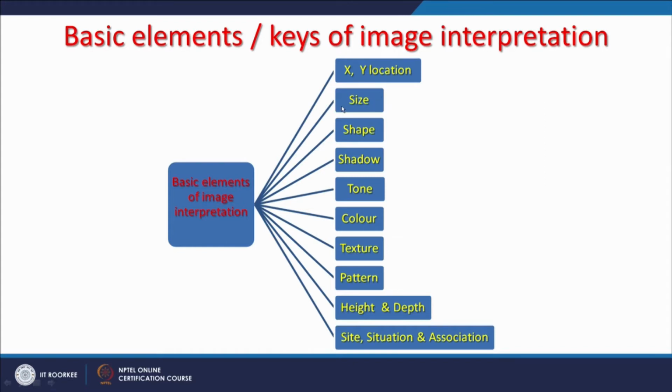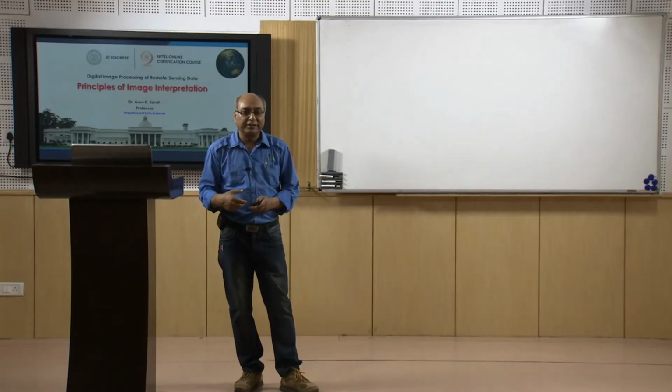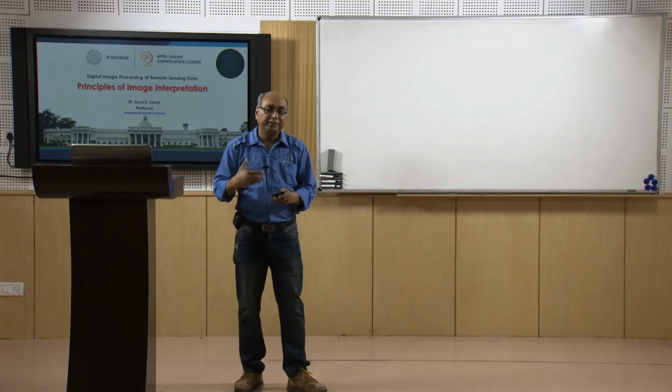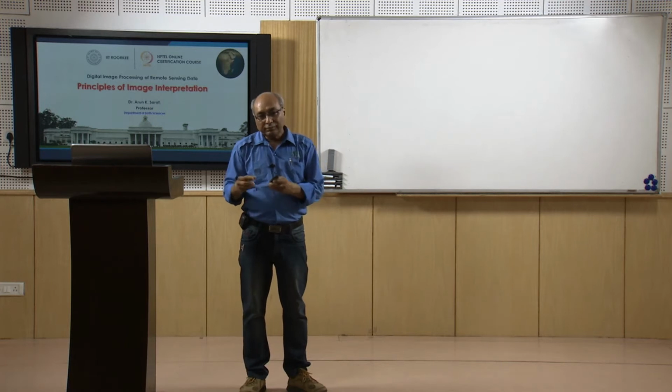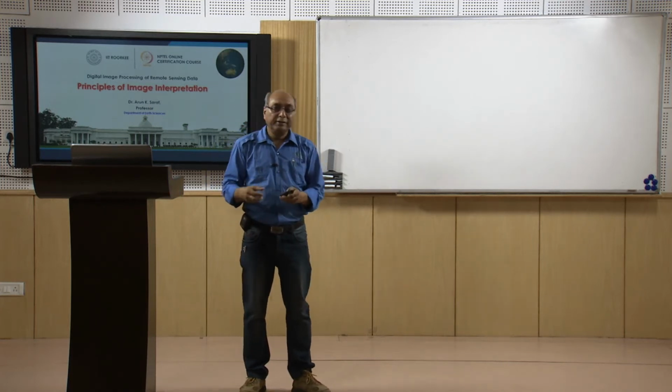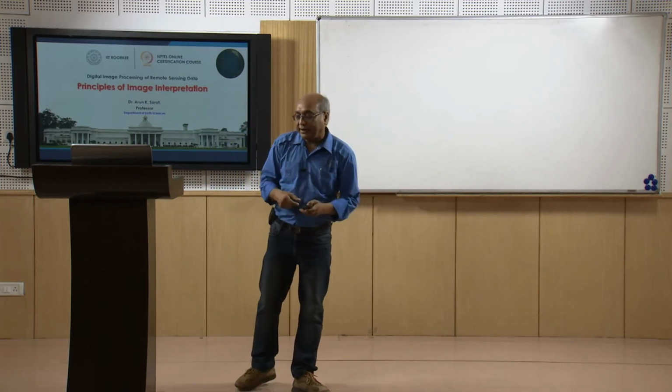So size is important, and the shape of the object is important. Then shadow, because most of the images which we interpret are daytime images. Generally with sun synchronous or remote sensing satellites, the images are acquired in the morning hours, and then there will be a shadow, generally in the northwest direction.